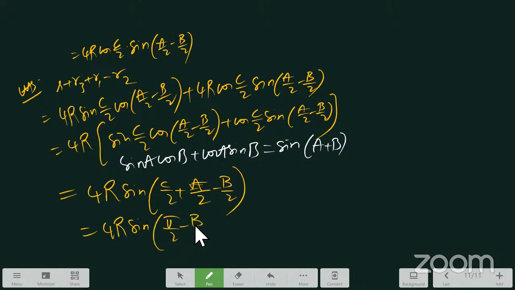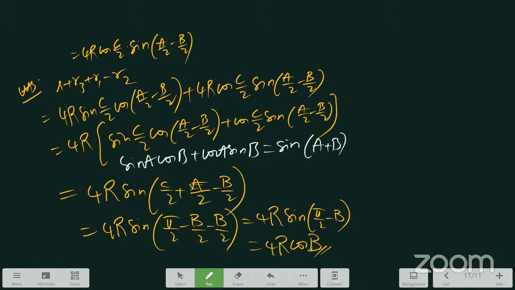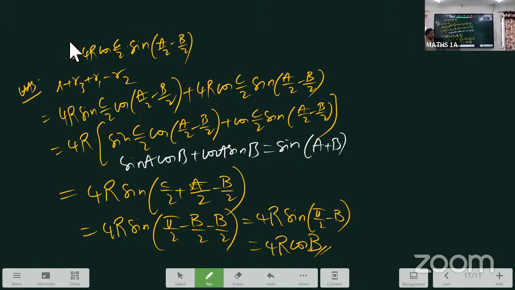I can write it as pi by 2 minus B. 4R sin of pi by 2 minus B, which is 4R cos B. Is it clear? All right.